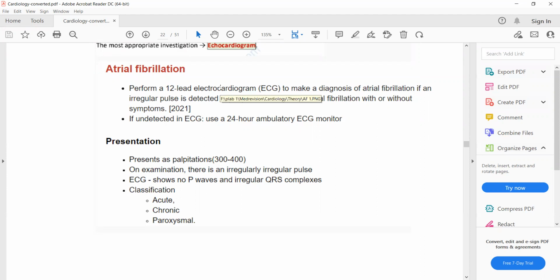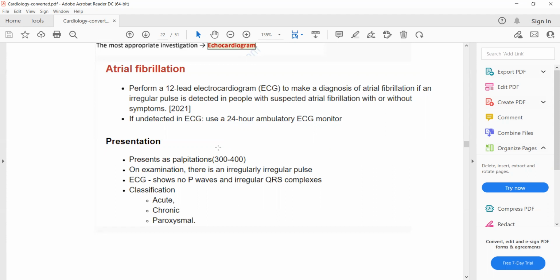But if you cannot diagnose atrial fibrillation on 12 lead ECG, even with a high suspicion, then the next step would be to use a 24-hour ambulatory ECG monitor. This is a general rule for the diagnosis of any kind of arrhythmia.